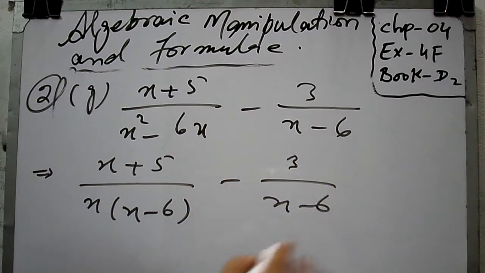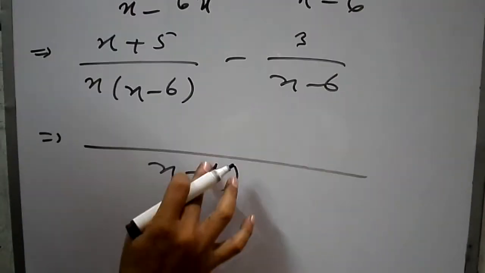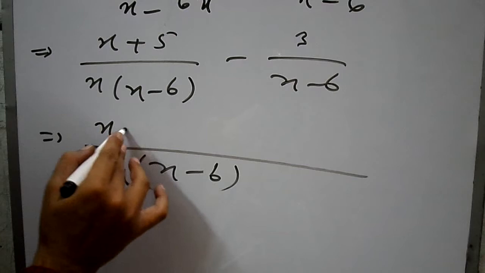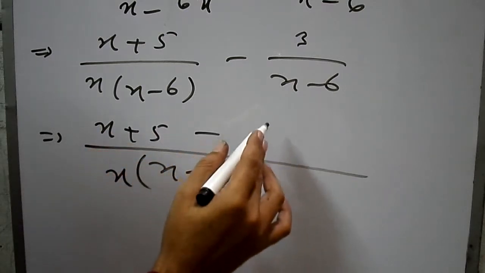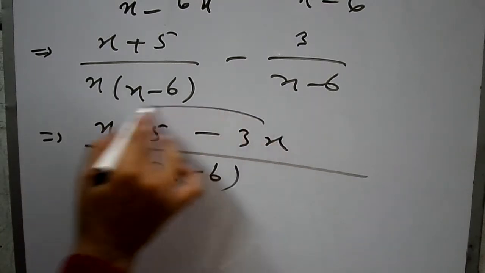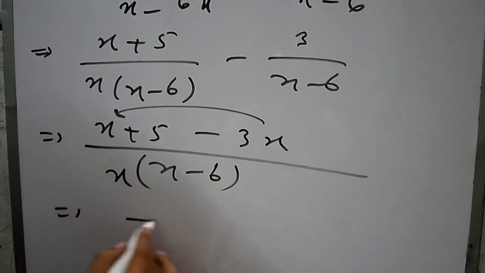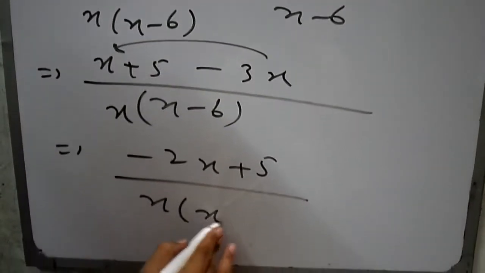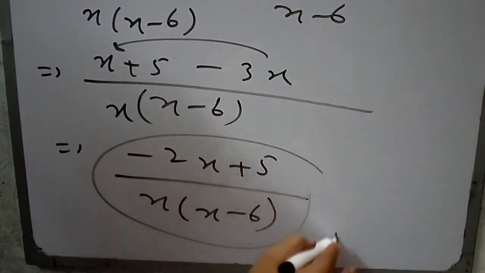So x minus 6 you can take common. So the LCM is product of common, so into product of non-common, that is your x. So from the first term you will get this, cancel, you will get this. So the similar terms, that is minus 2x plus 5 divided by x into x minus 6. So that is the result.